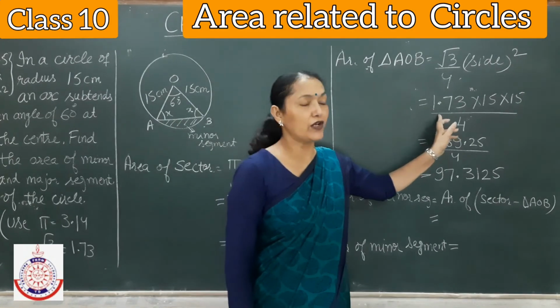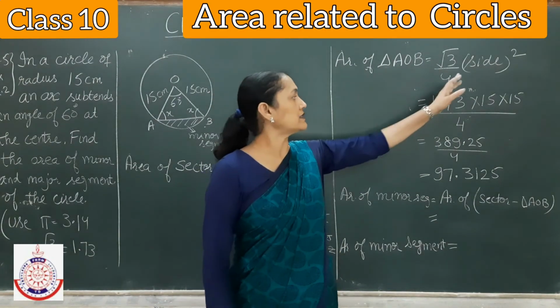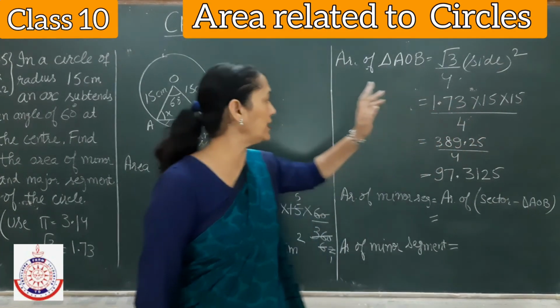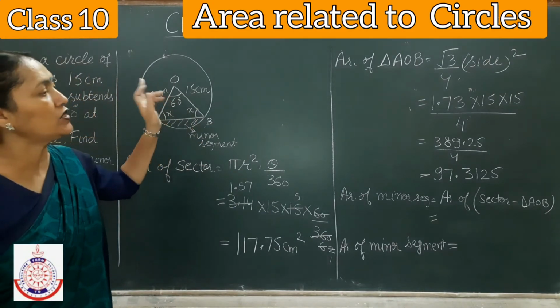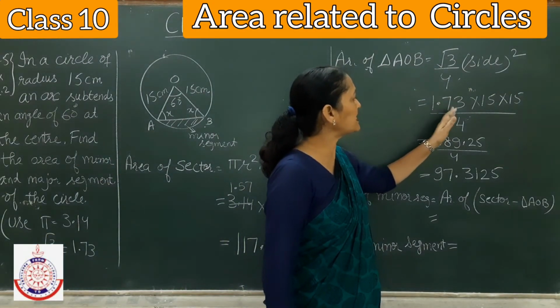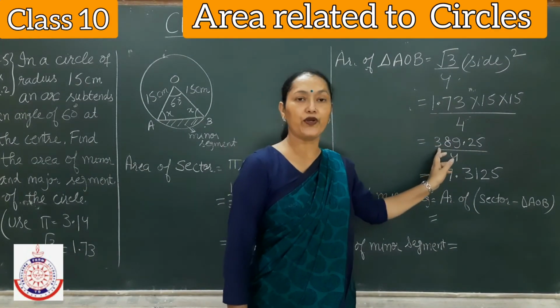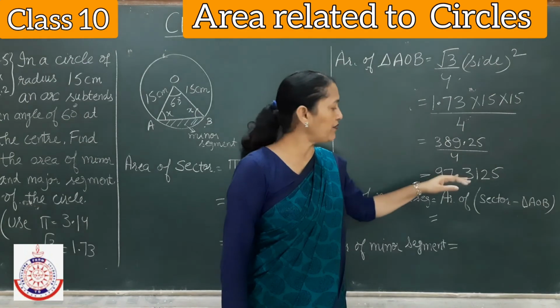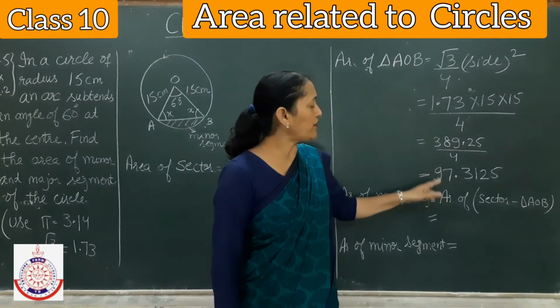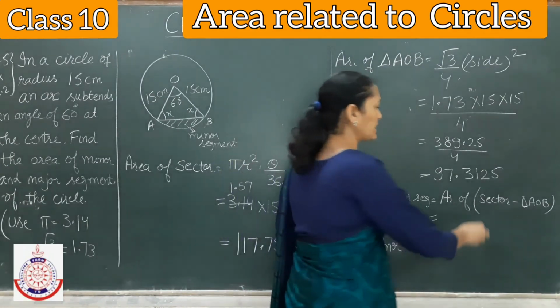So if we fill the value of root 3, that is given 1.73 in the question, and sides are 15, multiply 1.73 with 15 into 15, we'll get 389.25, and dividing it by 4, we'll be getting area of triangle as 97.3125 centimeter square.